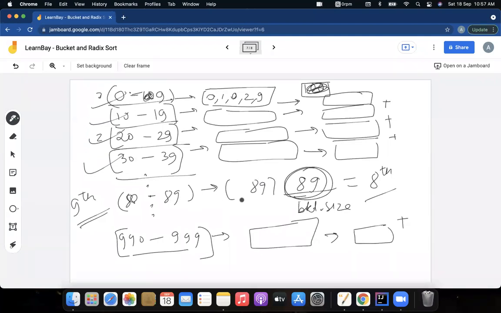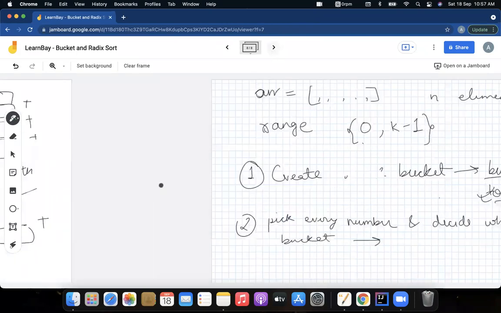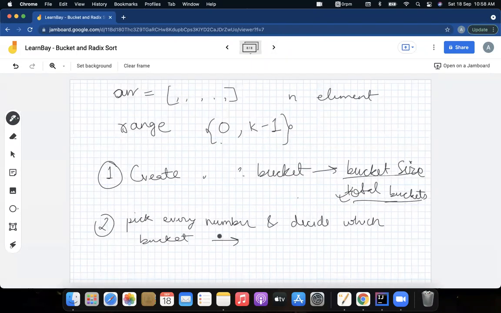You just dump this number 89 in this bucket, right? So figuring out which bucket a number goes to is not really an order k minus 1 question. Depends how you are creating your buckets. If you are smart enough to create buckets which follow a pattern like we have done, you can decide which bucket it lies in order of 1 using basic mathematical expressions, right?